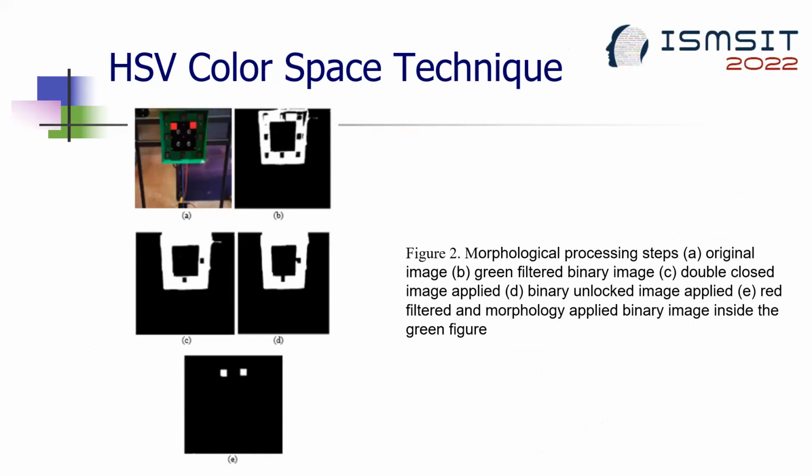Figure 2 shows our operations, the morphological processing steps, from the original image to a green filter. We applied the green filter. After this, a double closed image is applied. We applied this method and some operations to detect two red squares.